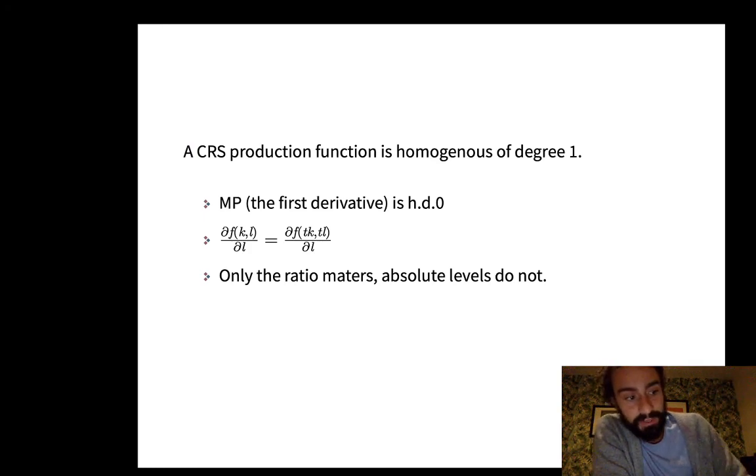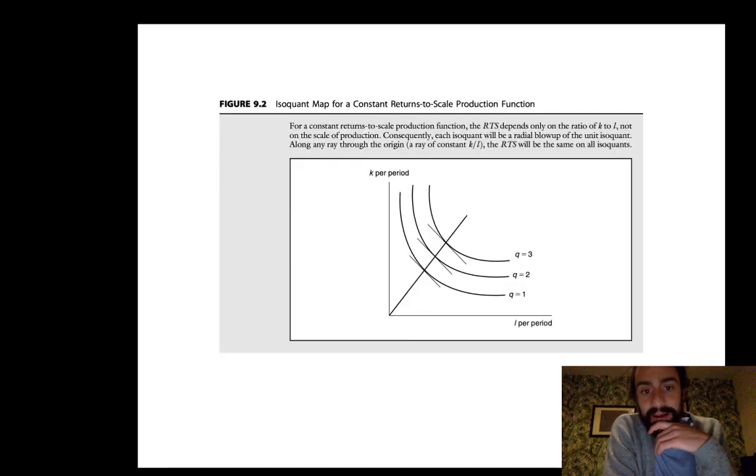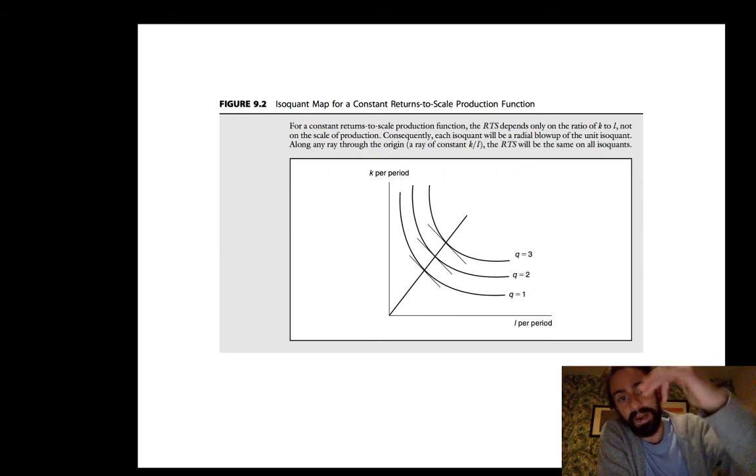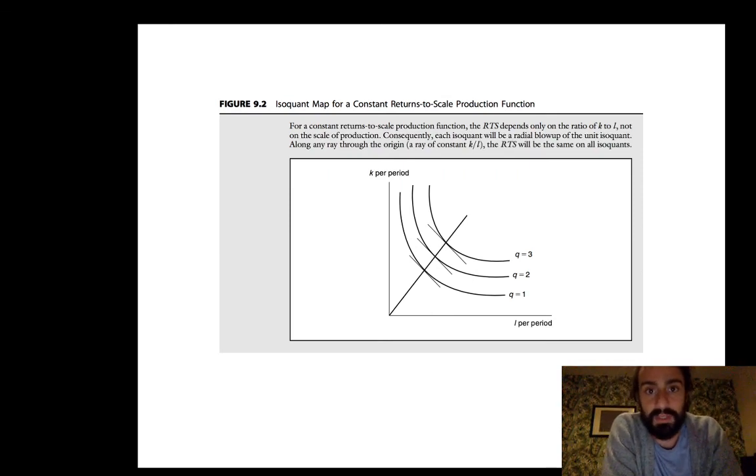If doubling your inputs is always doubling your outputs, the relative rate of change is not changing based on how much capital and labor you have. It's just the ratio of capital and labor. So we can look at that in a graph. You have these isoquants which are extending. They're sort of parallel to each other with respect to the rays coming out of the origin.